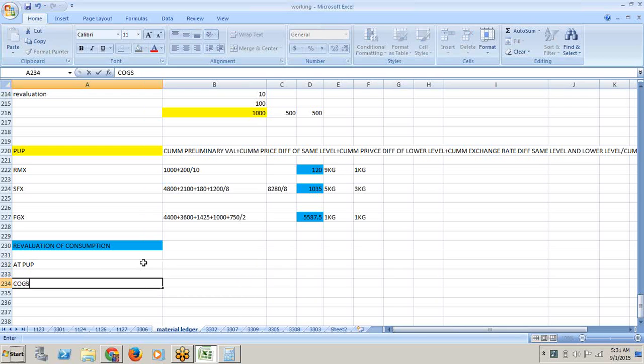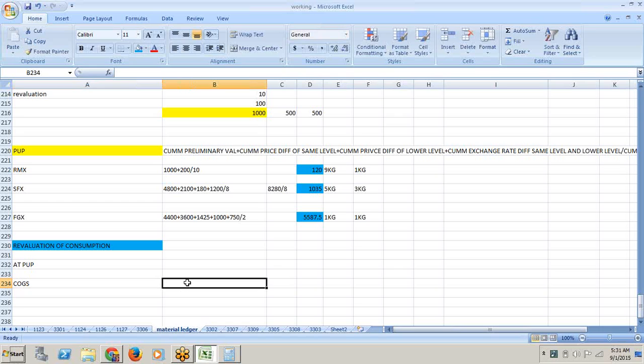We are revaluating COGS here for semi-finished goods. What values should it add? So raw material price difference plus semi-finished goods price difference plus finished goods price difference. It should be.